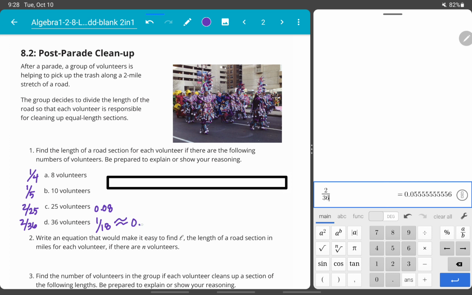We could also put 0.05 with a bar over the 5, like that, and that will show that the 5 goes on forever. Okay, so that would then have to be an equal sign because that's still an exact answer.